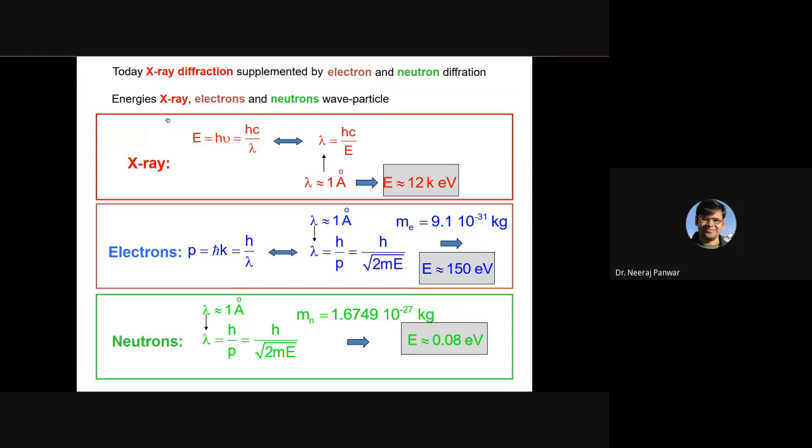So for example, now we can calculate. We have an X-ray photon whose energy is given by hc upon lambda, or you can calculate lambda is equal to hc upon E. If we consider an X-ray photon of wavelength 1 angstrom, then it will correspond to an energy of 12 kilo electron volt.